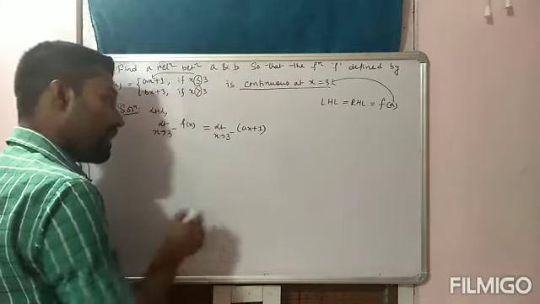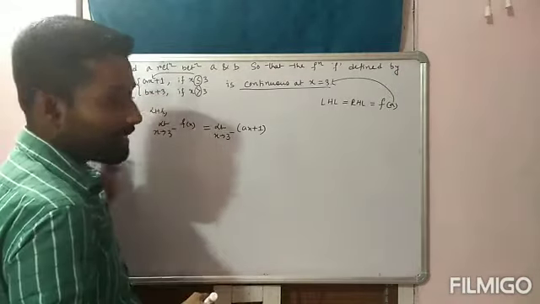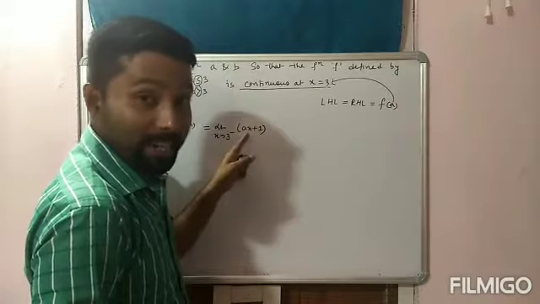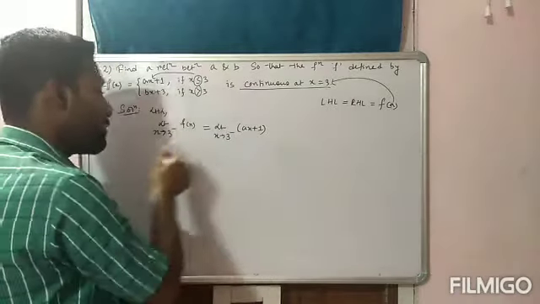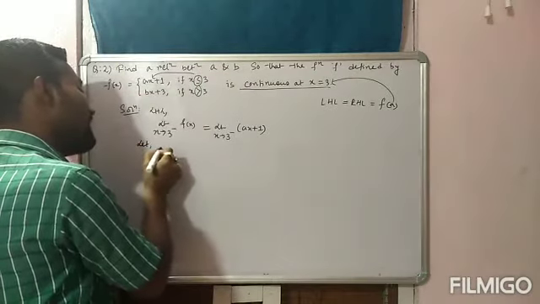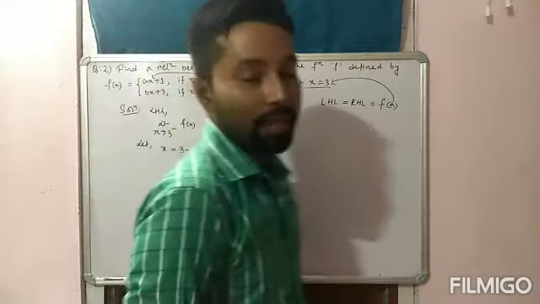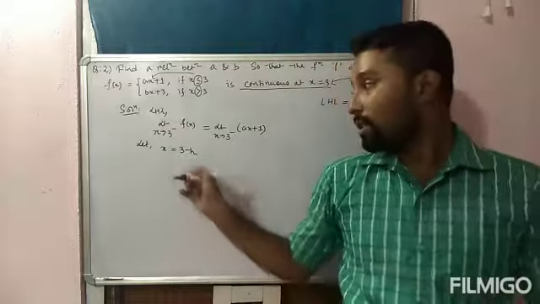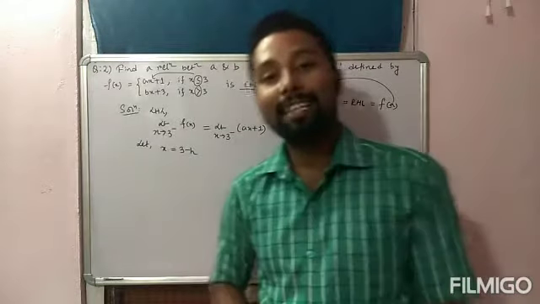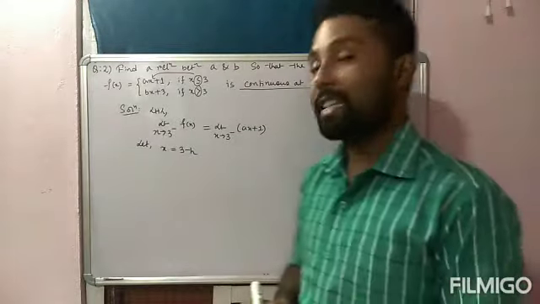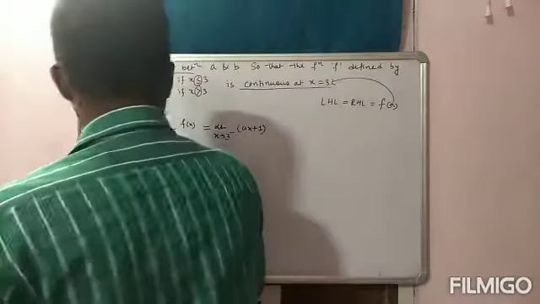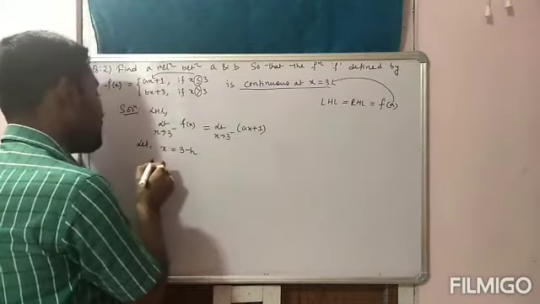Okay. Now here 3 power minus is there and here also variable is there. So to get the accurate value, let x is equal to 3 minus h. Yes, in left hand limit we use x equal to a minus h, whereas in right hand limit we use x equal to a plus h. So let x equal to 3 minus h.